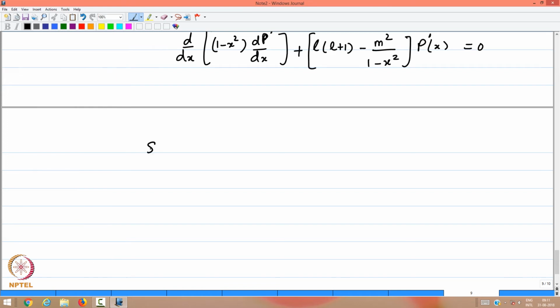Now, solution. Now, we will go back to the power series method that we have for p of x, and let us assume that m equal to 0.